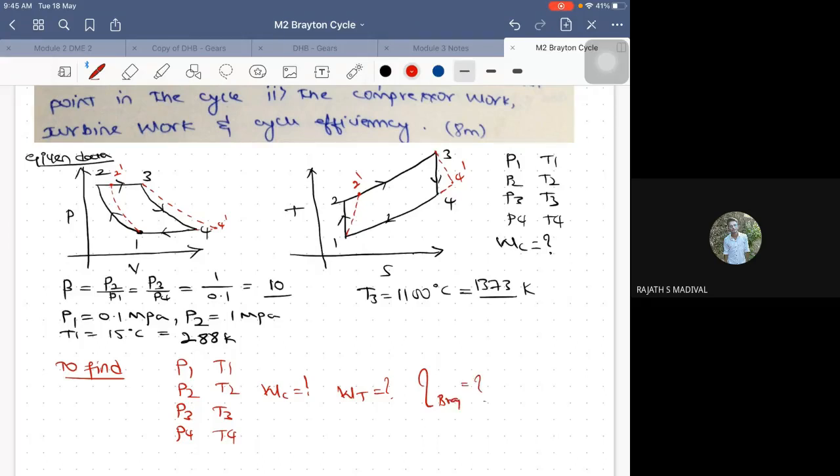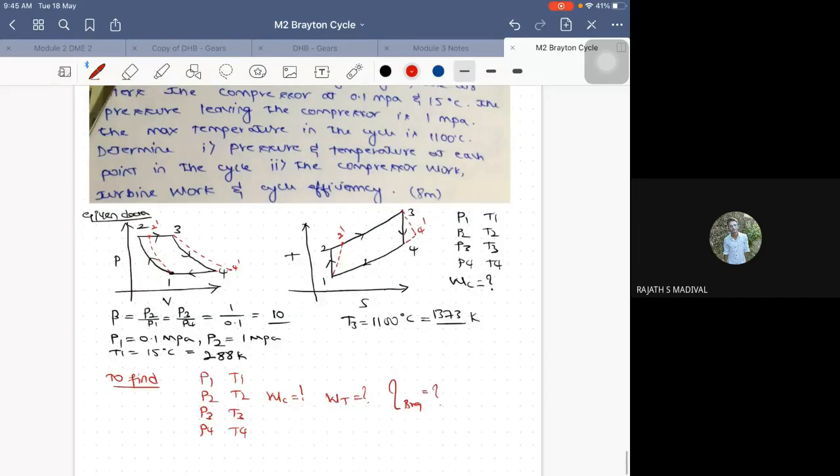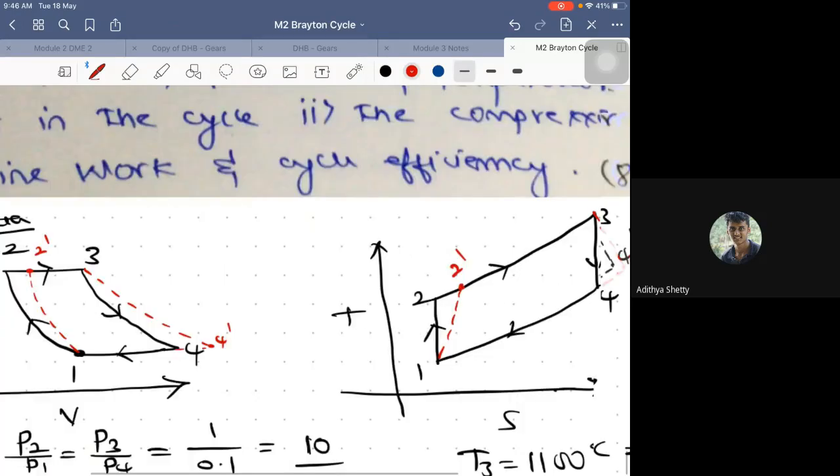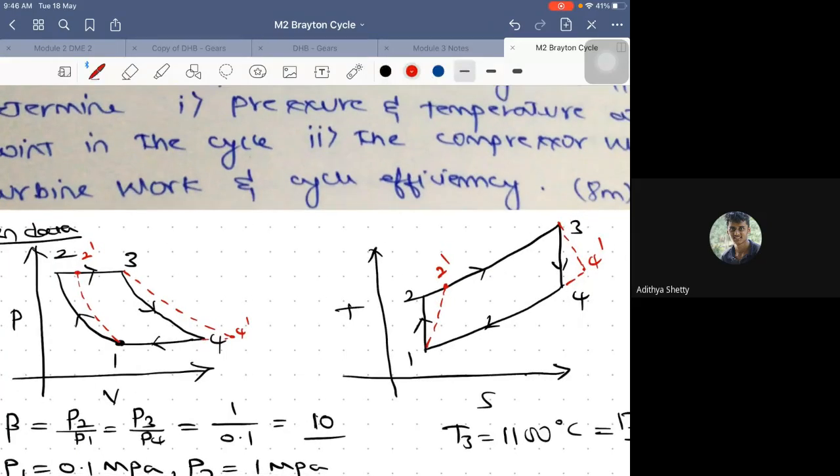Now, in this particular problem, anywhere has he mentioned the efficiency of a turbine or the efficiency of a compressor? No. There is no concept of actual versus theoretical in this particular problem.